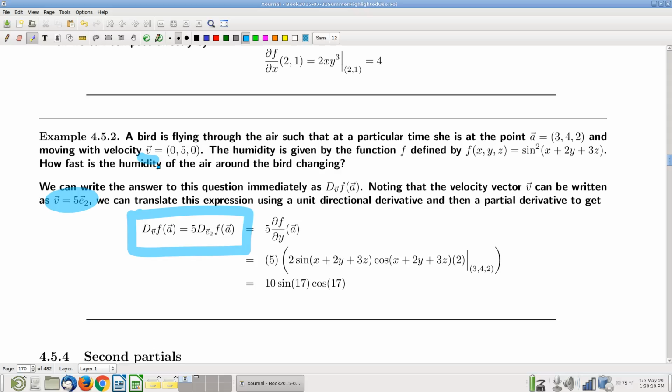E2, that's just zeros and ones. Much nicer than the 5 that would be getting in the way in our calculation otherwise. Second observation, though, because this is not just any old directional derivative, that's a unit directional derivative in an axis direction. That means it's a partial derivative. Right? So instead of brute forcing this and plugging in and taking a derivative of a complicated thing, I can just use Calc 1 rules.